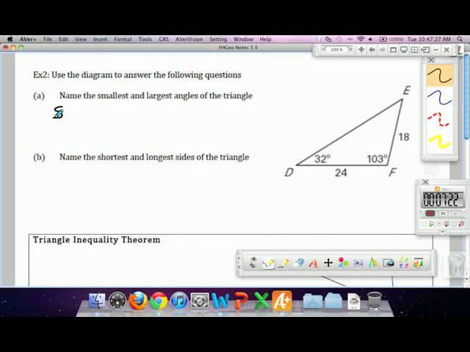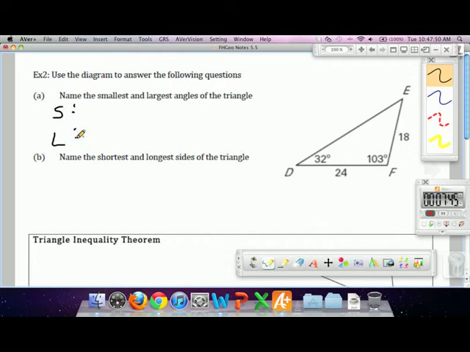Oh, sorry, angles. Okay, what's the smallest and largest angles of the triangle? Angle D is the smallest. How did you know angle D is the smallest?